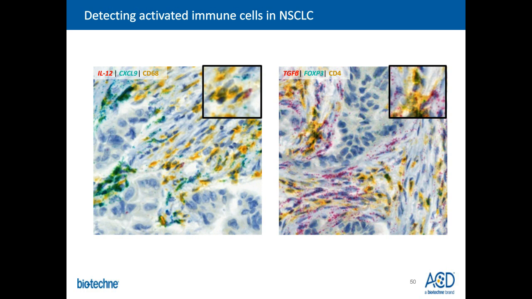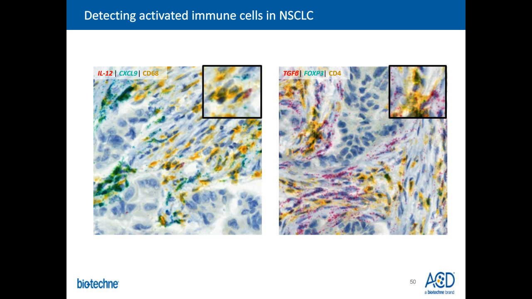As you can see in this particular example, we have visualized the expression of CD68 using the CD68 antibody in this first panel, potentially detecting macrophages, and then looked at the expression of IL-12 and CXCL9 using RNAscope. In the second panel, we have identified CD4 positive T cells using the CD4 antibody, and then visualized TGF-beta and FOXP3 using RNAscope.